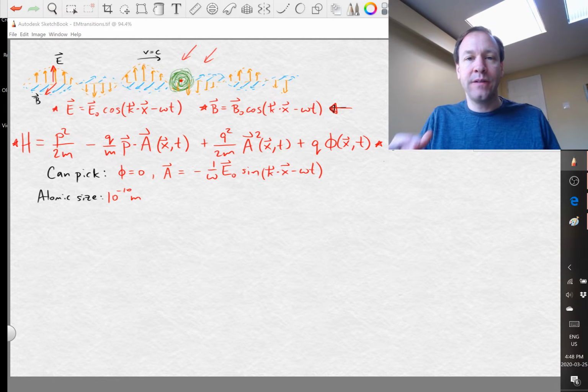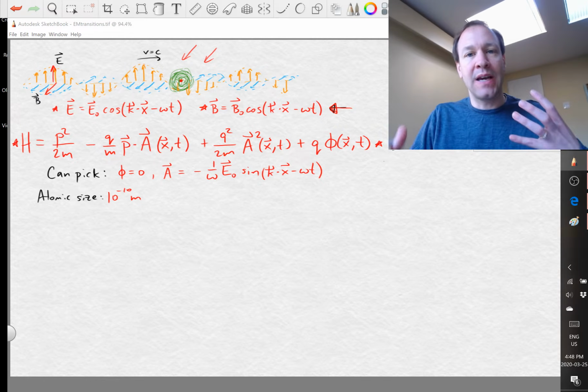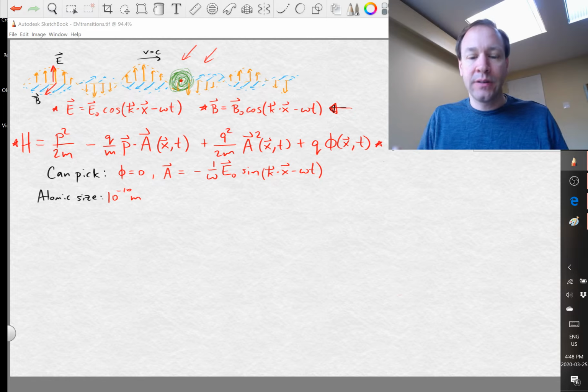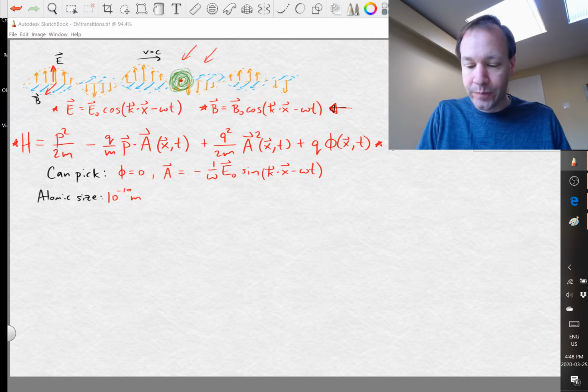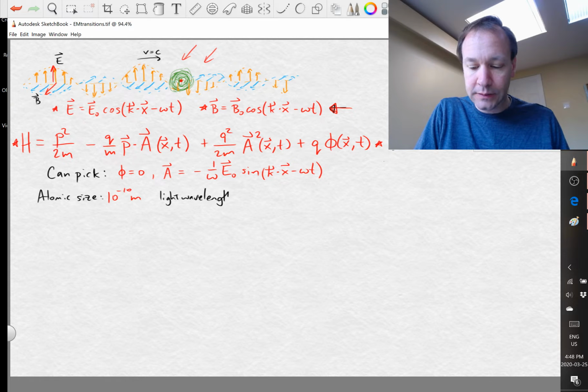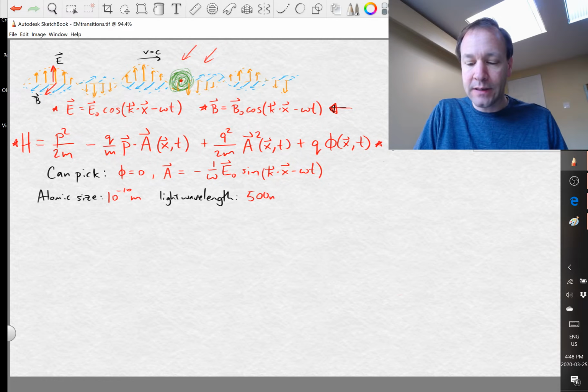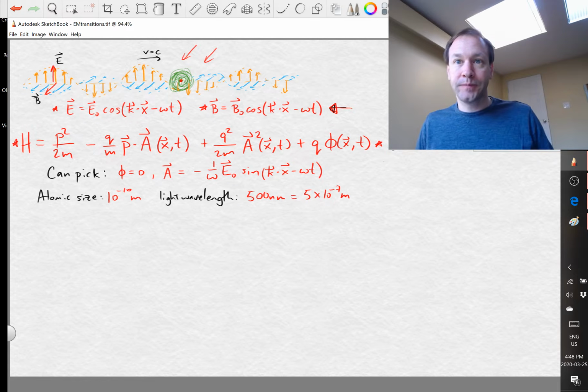And if you think about, say, ordinary light, what is the wavelength for ordinary light? That's something like 500 nanometers, or 5 times 10 to the minus 7 meters.